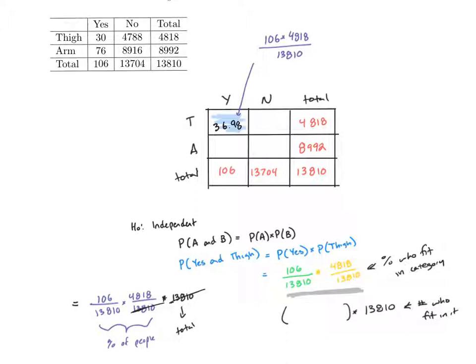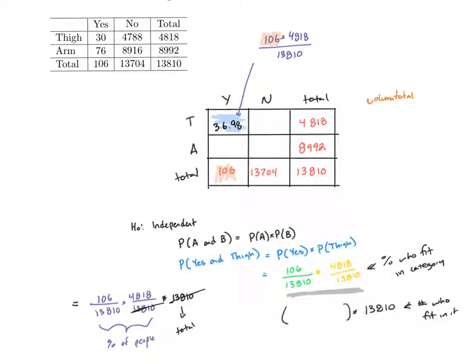Now I want to be clear here that I calculated this by once again taking the probability times the probability times the overall total, but because we want to be able to do this for any contingency table, we should probably find a simpler way to do it. And the way we're going to do this is we're going to look at the individual parts here. So let's look at this 106 first. That 106 corresponded to the 106 here, and we used it because it was the total number of kids who, yes, had a severe reaction. That is, that 106 was my column total.